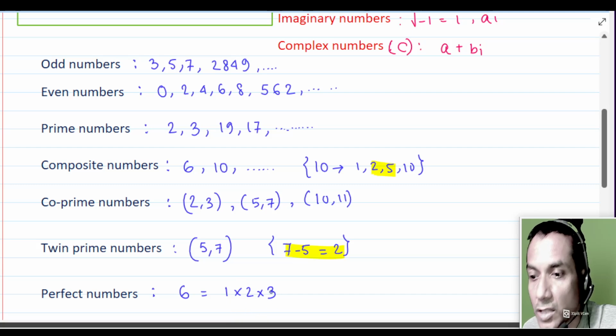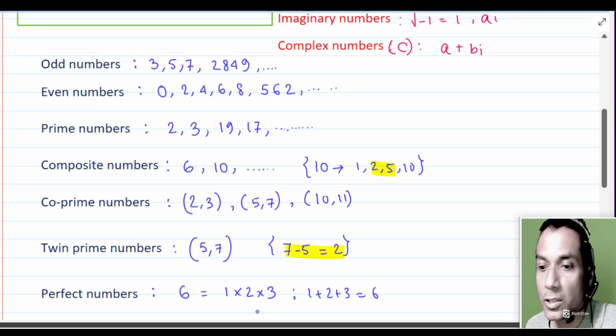Clear? So these are unique. Other than the number itself, if we multiply the factors we get the value, as well as if we sum them we get the value: 1 plus 2 plus 3. So this condition should be satisfied for perfect numbers.